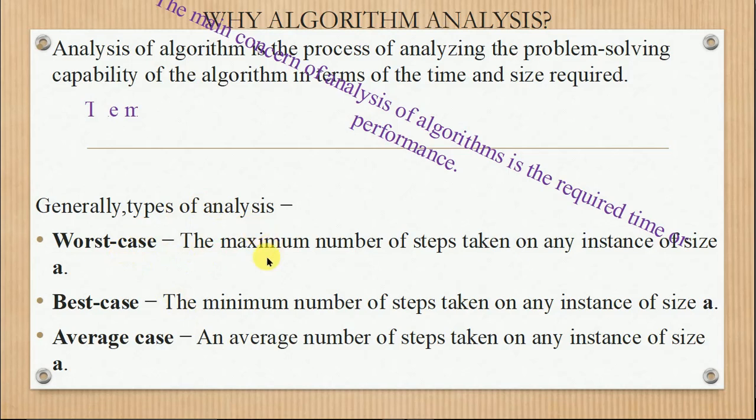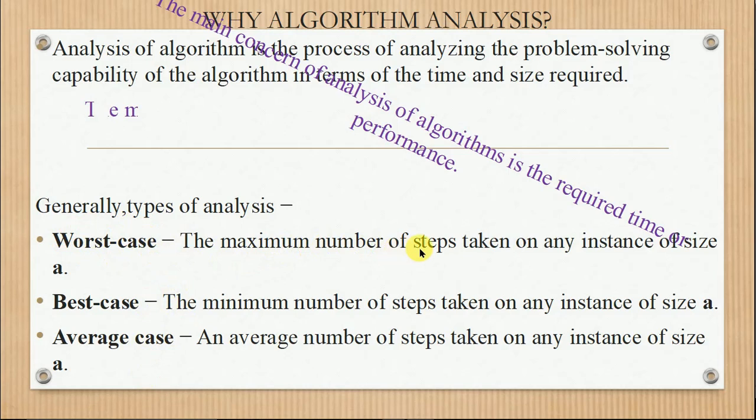Normally that will be in the looping statement, the inner looping statement, wherever there is repetition. Depending on that, the worst case, best case and average case analysis is done.